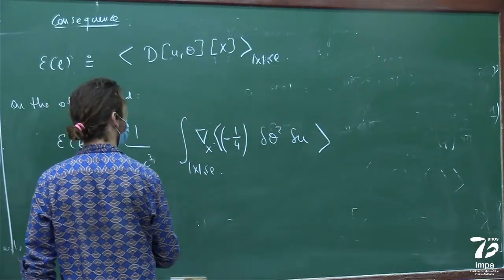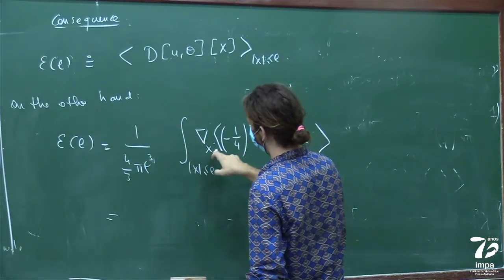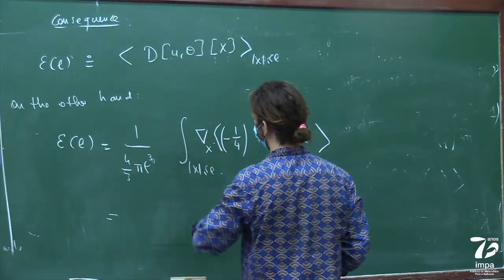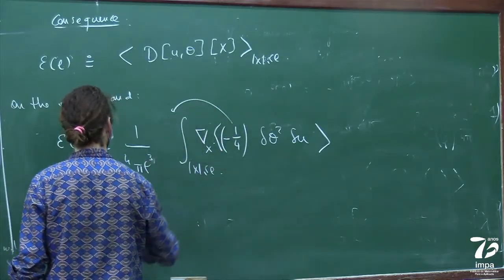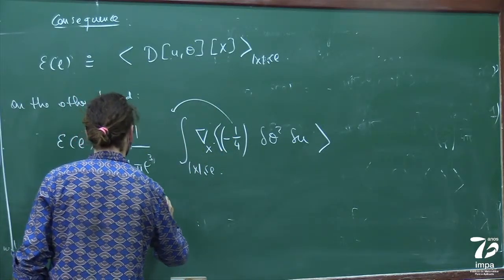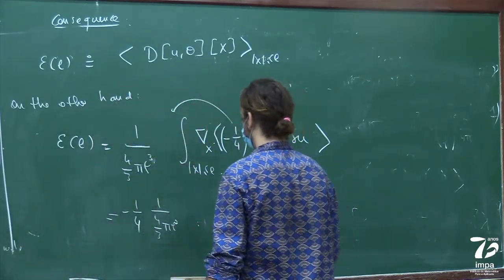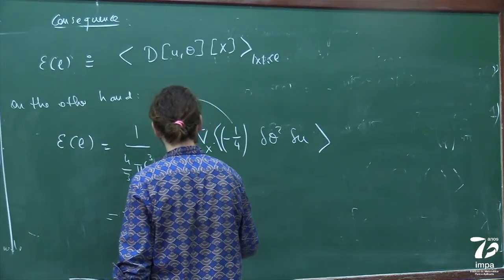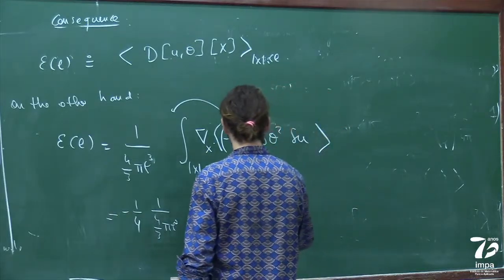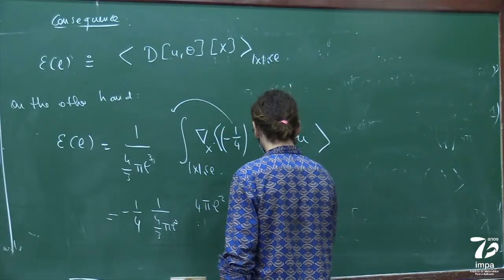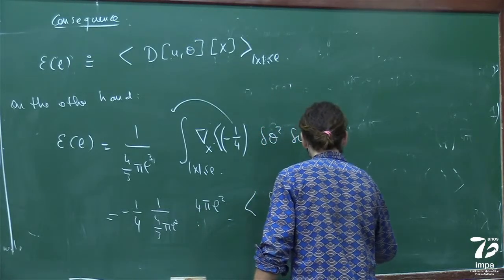So we have the integral over volume of the divergence. So this 1/4 will go there, minus 1/4 of 1 over 4/3 pi L cube. And then we are going to transform this to a surface integral, which, if we express it as the mean, is nothing but 4 pi L squared times delta theta squared delta u for x equal L.